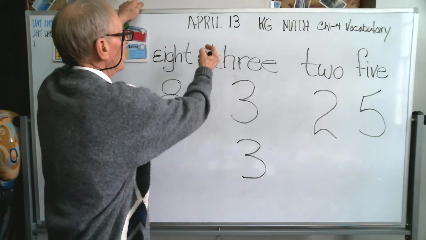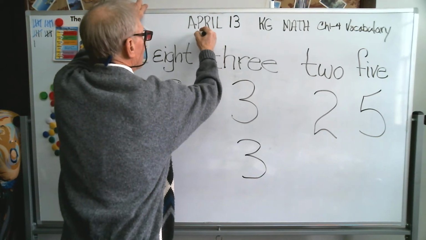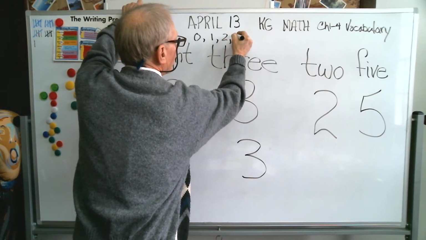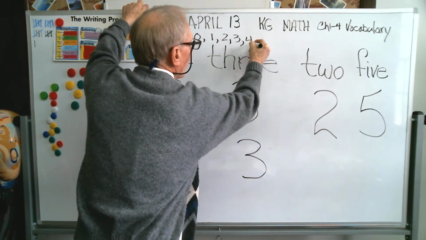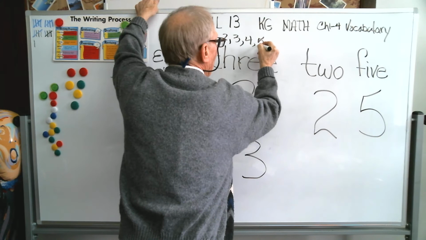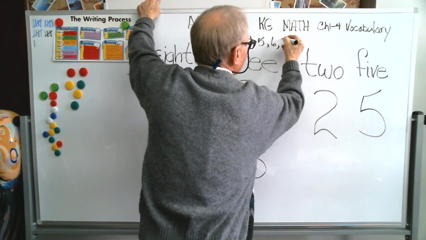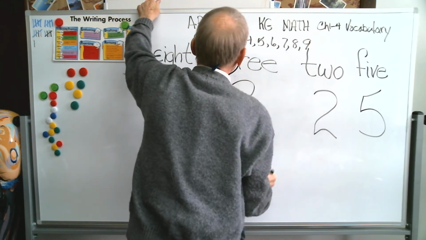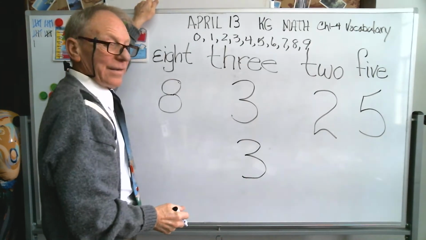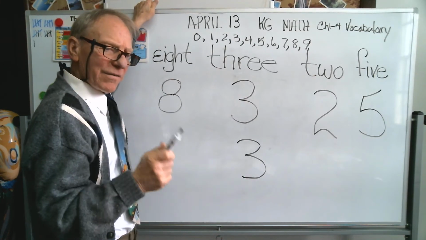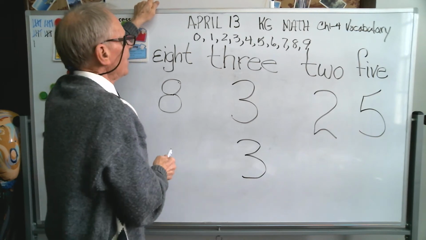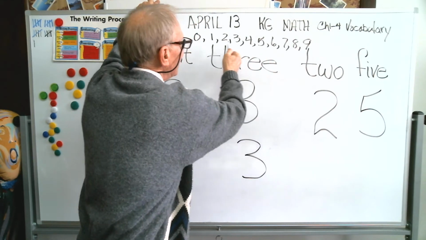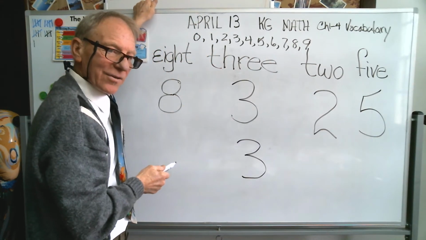And when you think about the numbers 0, 1, 2, 3, 4, 5, 6, 7, 8, 9, then it's easy to figure this out. Because when you go to 9, every number is less.